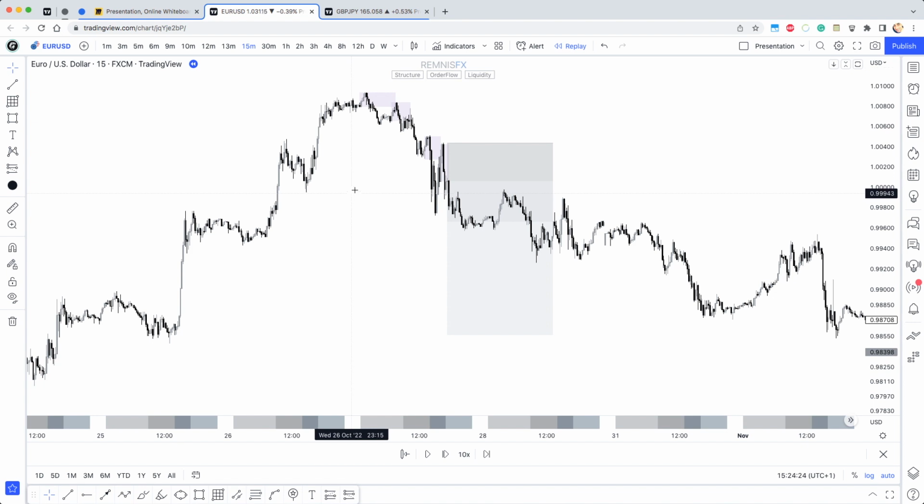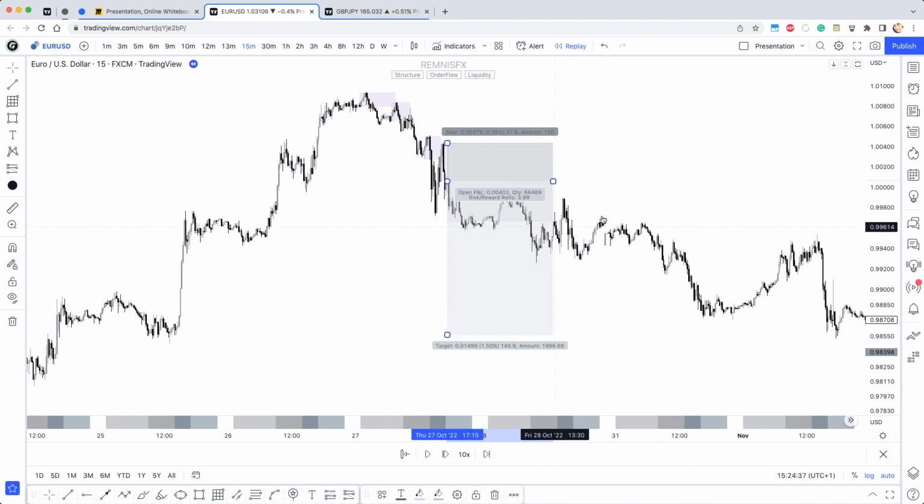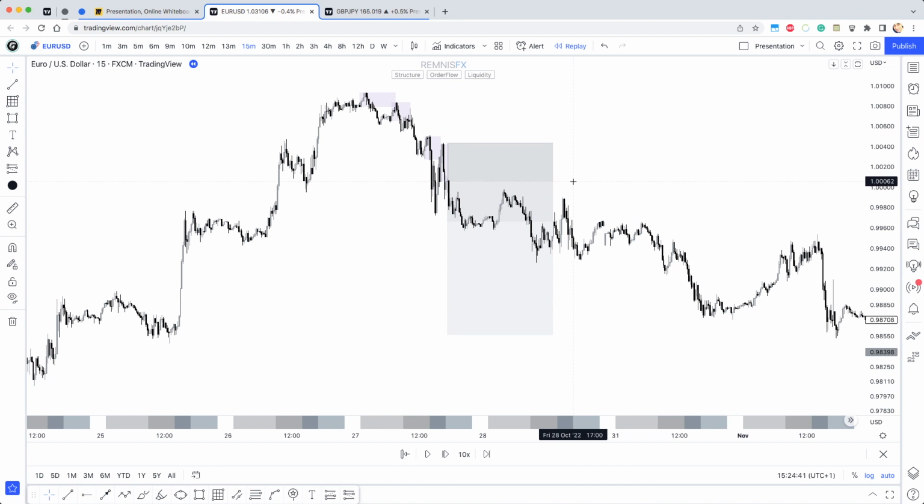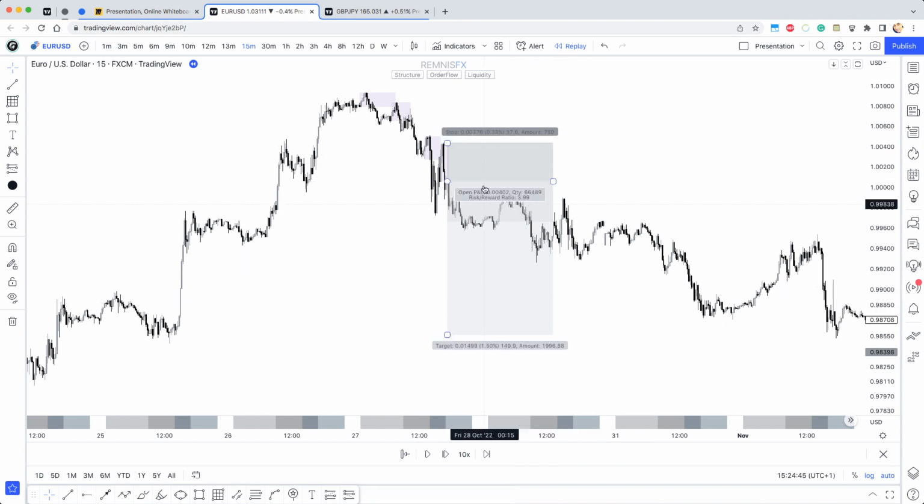Of course, we didn't mark those, but they also play a very important role in this. And then you can take trades like this, and you don't have to worry that you are getting stopped out, because 9 of the 10 times you won't, right?